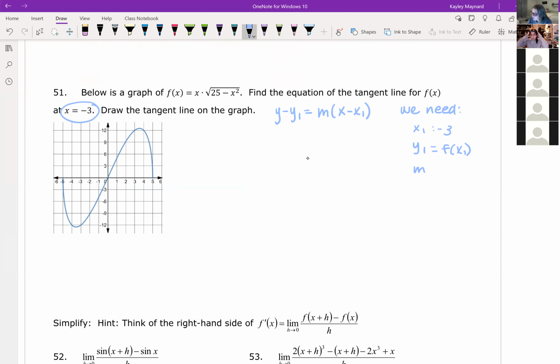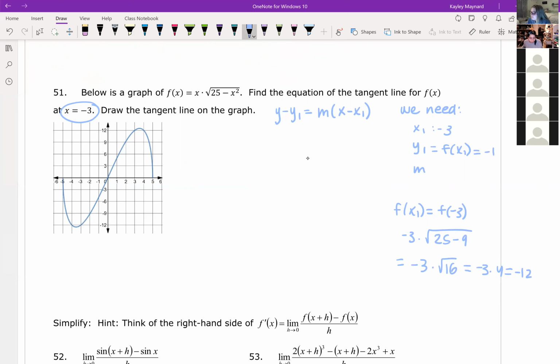Once you know x, you can easily find y1 because it's just f of whatever your x1 is. So let's do that really quick. f of x1 is equal to f of -3. So this is -3 times the square root of 25 minus -3 squared, which is 9. So this is equal to -3 times the square root of 16, which is -3 times 4, which is -12.